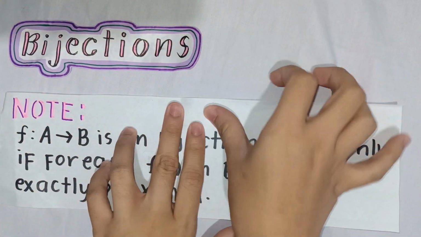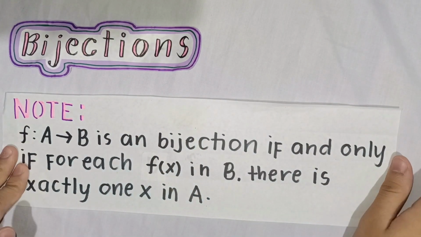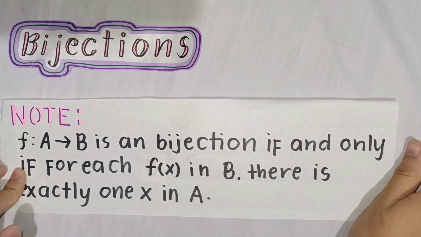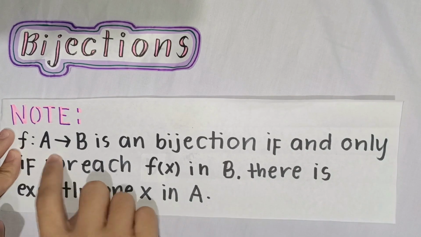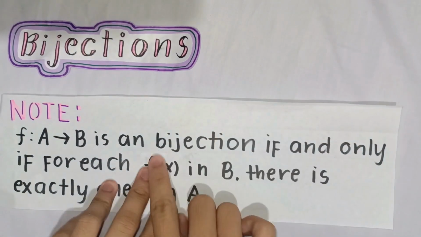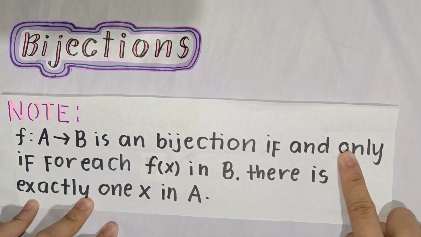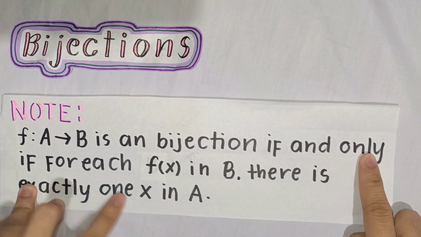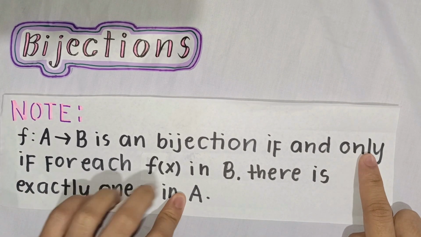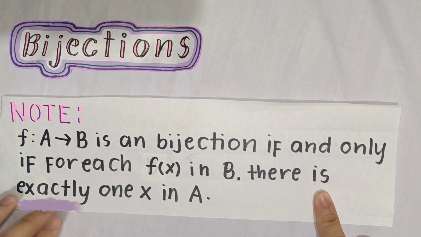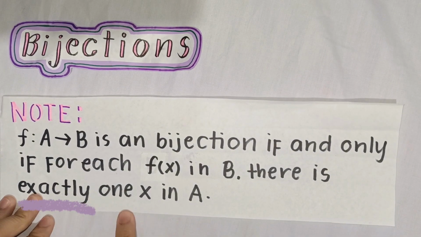Important notes we must remember for bijection: function f such that A implies B is a bijection if and only if for each f(x) in B there is exactly one x in A.